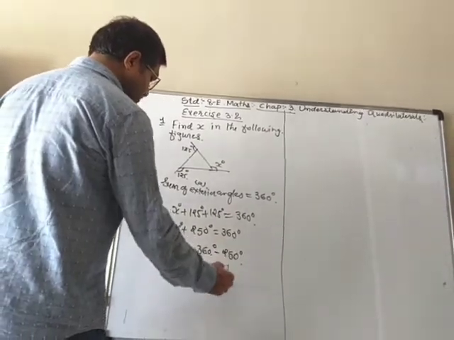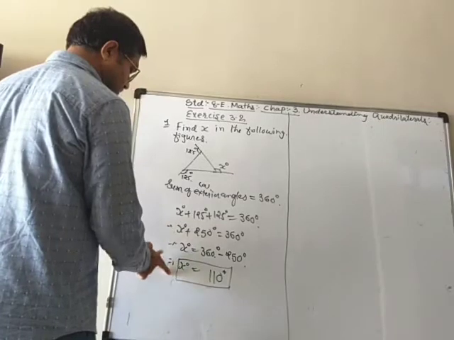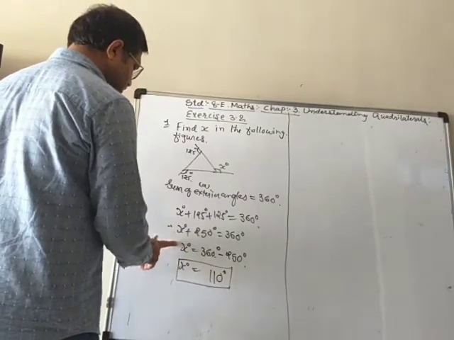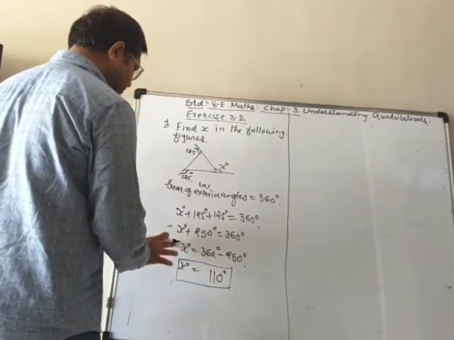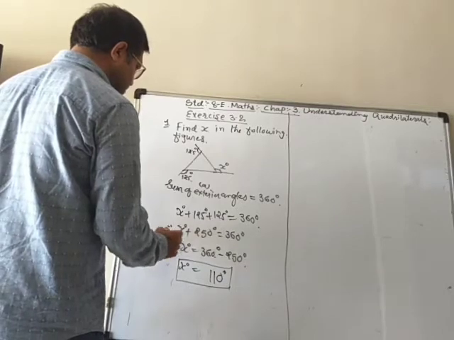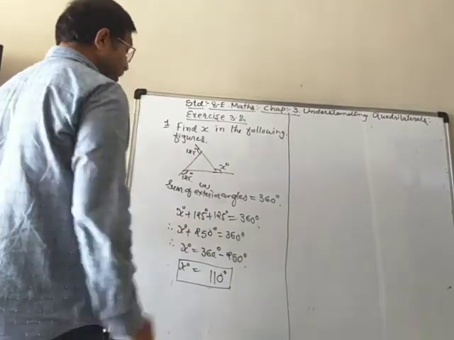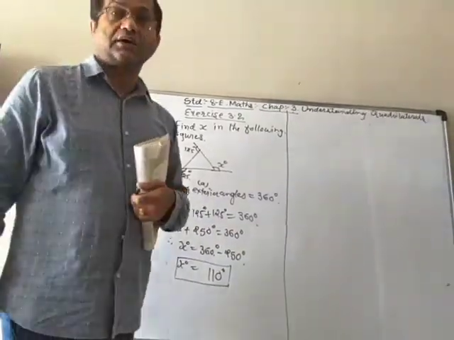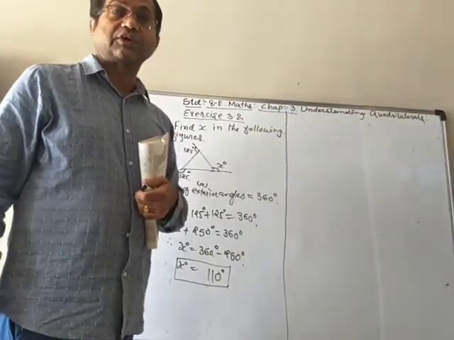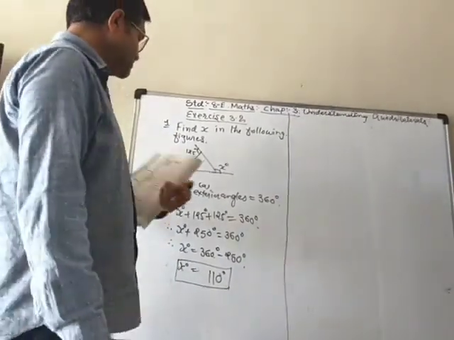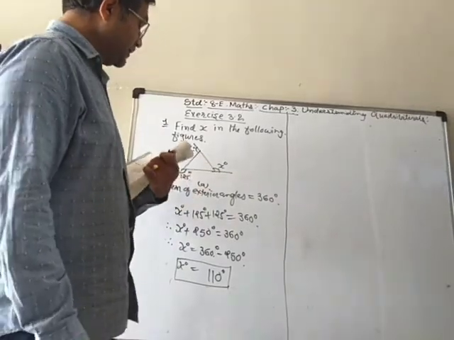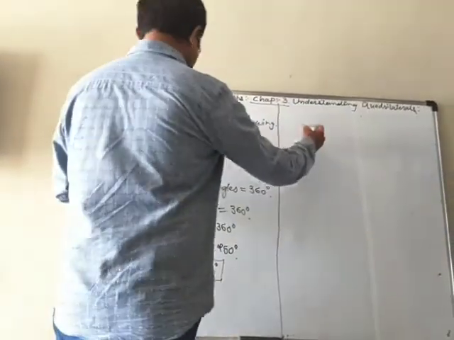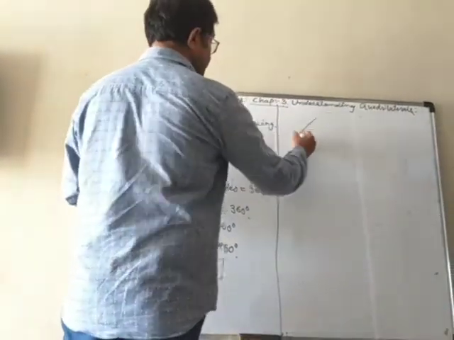So your answer is 110 degree. So here we have to use the property that the sum of all exterior angles of a polygon is equal to 360 degree. Let's take another figure.